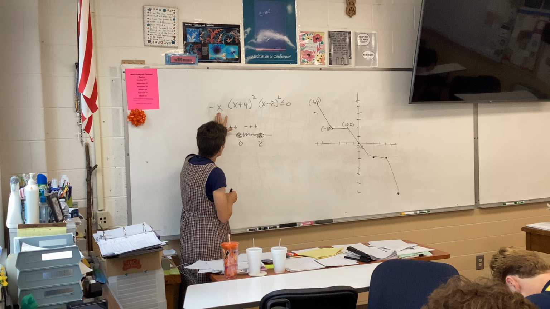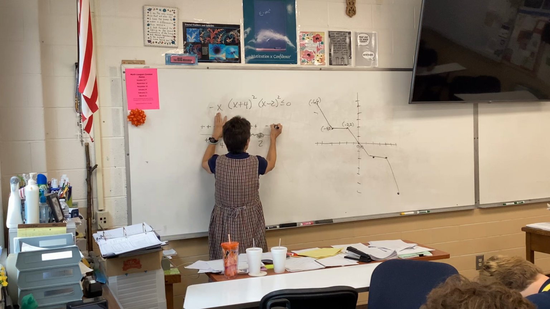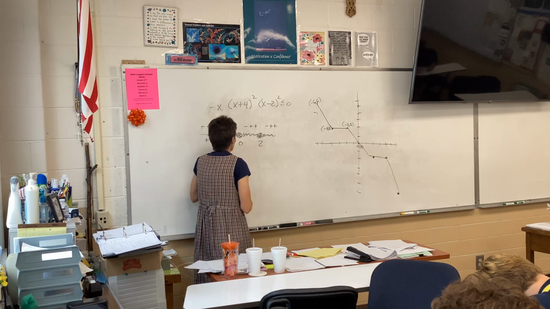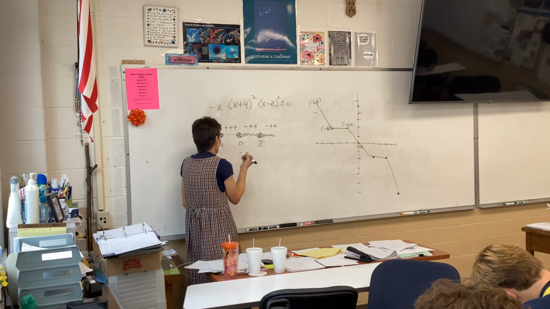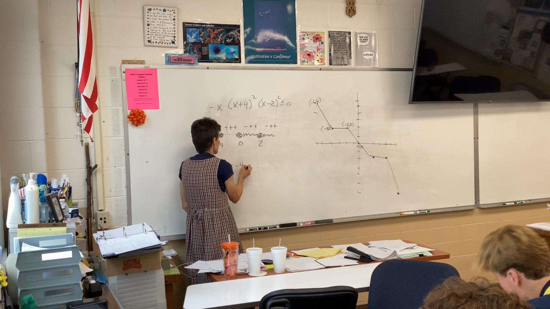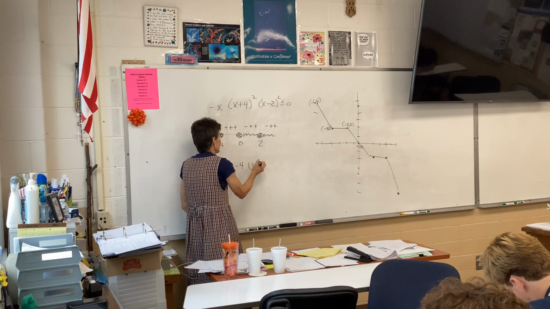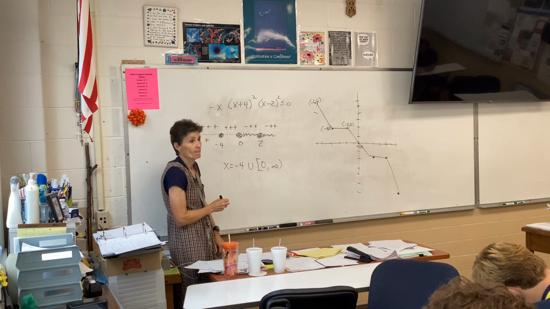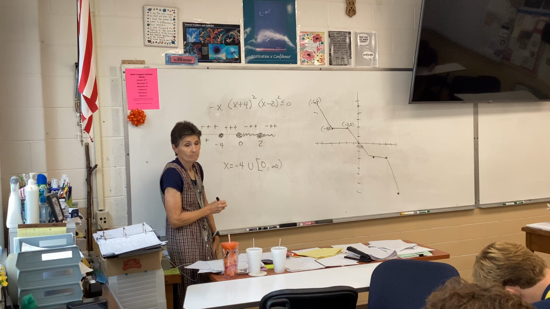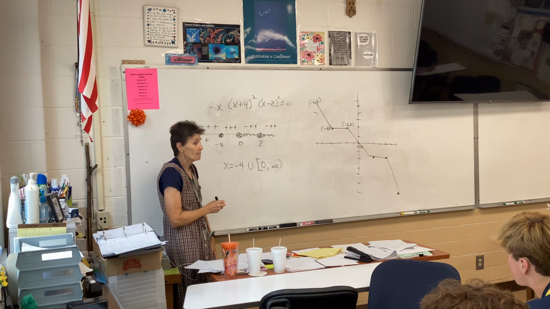And if I put in 3, I'm negative, positive, positive, and that also works. So it looks like my answer is negative 4 and 0 to infinity. Make sense?